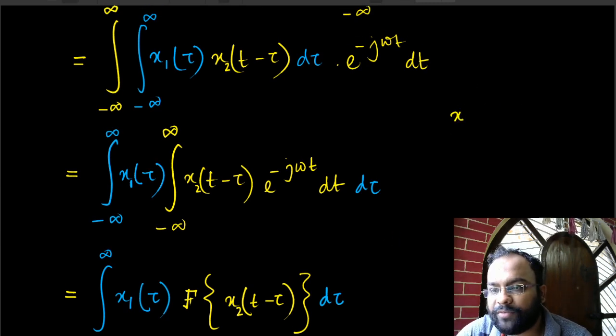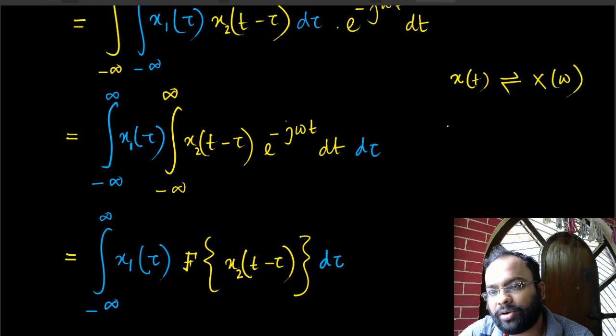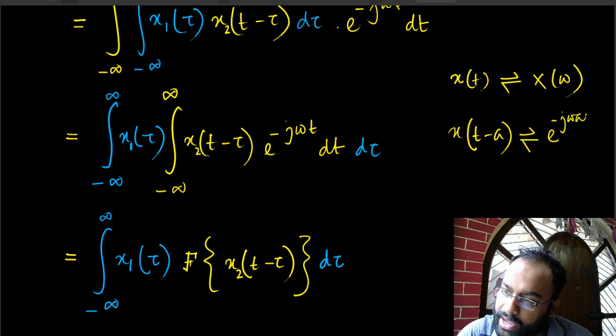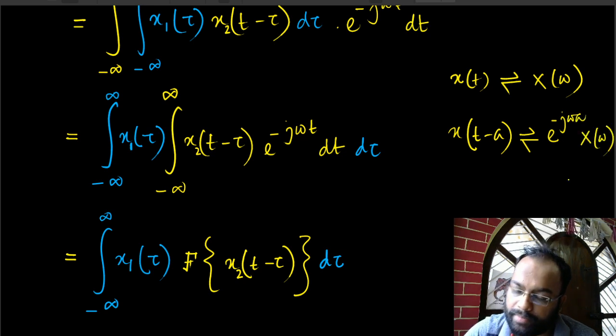So now we already know something like this. We know that if the Fourier transform of x t is X omega, then the Fourier transform of x t minus a is equal to e to the power minus j omega a X omega.